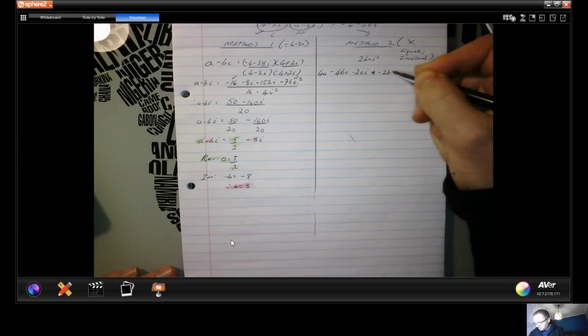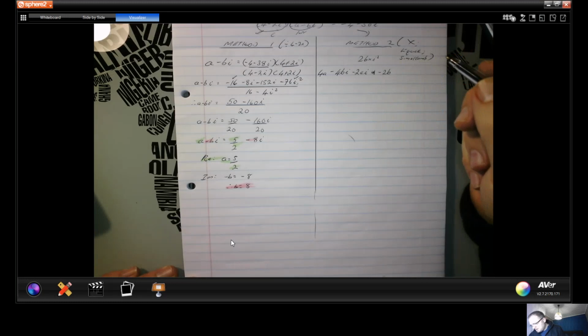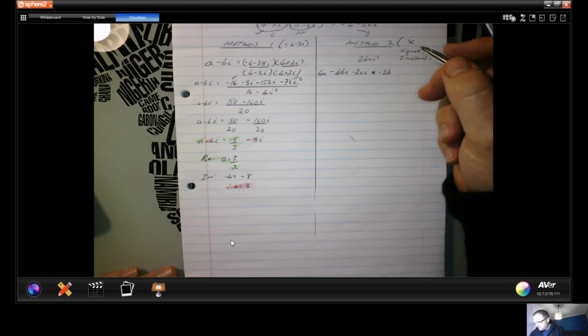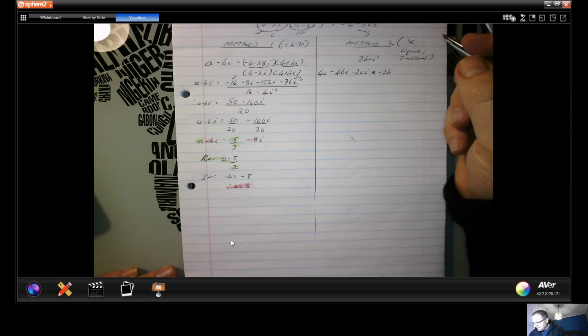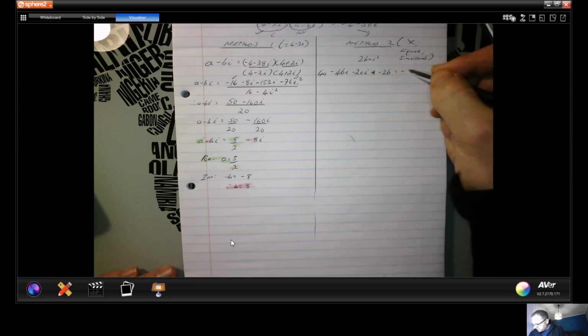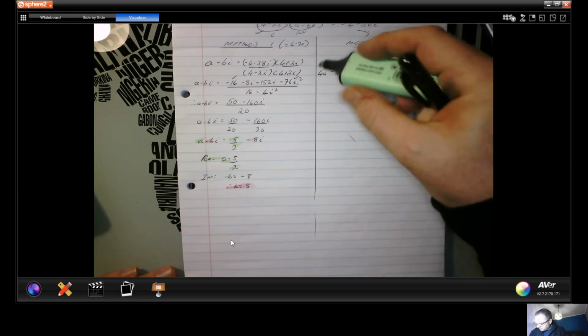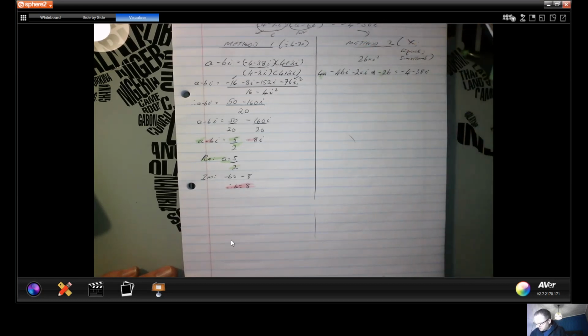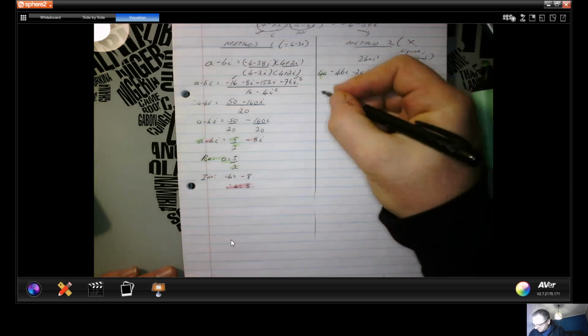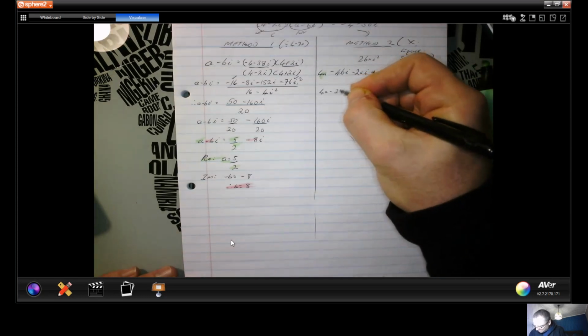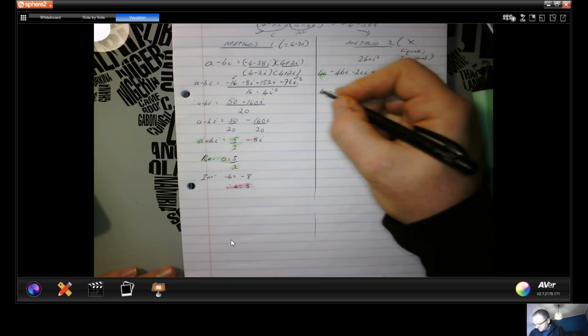So it's going to be minus 2b, and that must be equal to minus 4 minus 38i. Let's get the real parts together. So the real part here is 4a minus 2b.